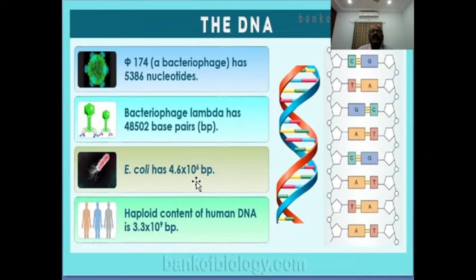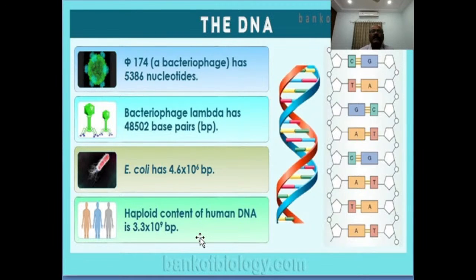E. coli means Escherichia coli, generally found in the human intestine. So each E. coli possesses 4.6 into 10 to the power of 6 base pairs. That means the number of nucleotides is different in different organisms.